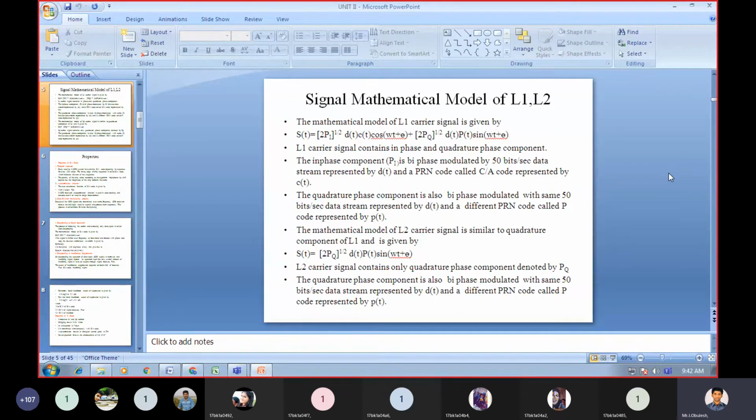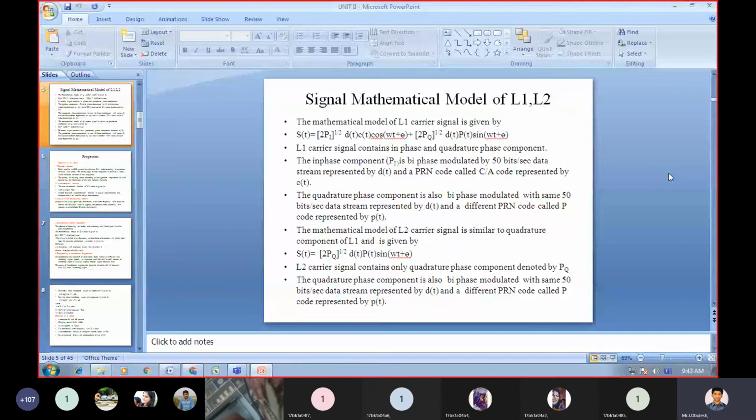The in phase component P_I is biphase modulated by a 50 bits per second data stream.